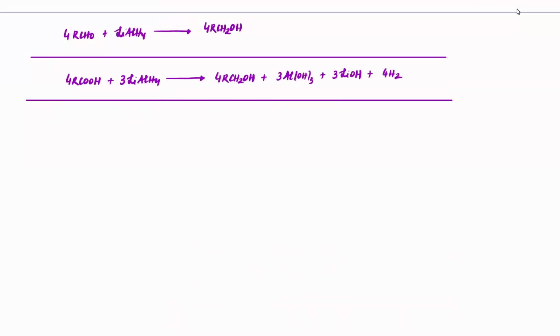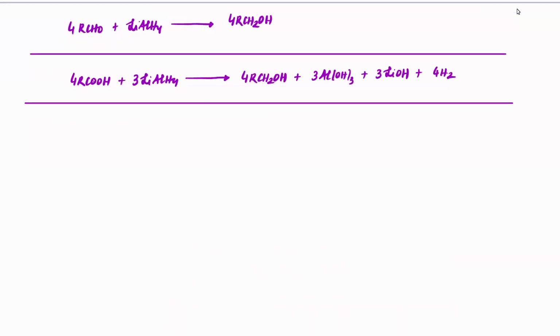Next, the next reagent which is extremely favoring the acids is diborane. Okay, diborane is one of the strongest reducing agents, especially for acids.